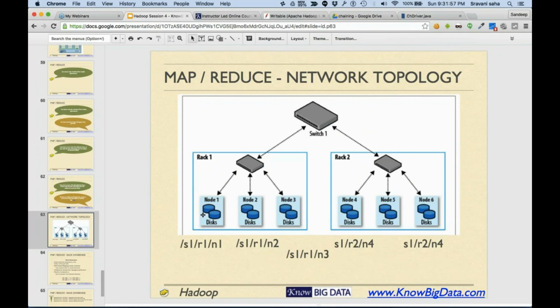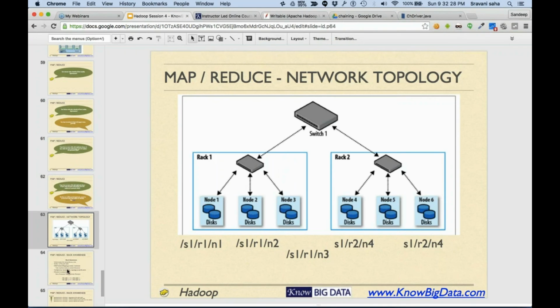Okay, so the way you do it is you keep on climbing up till you meet the lowest common parent. Let's say for n4 and n1 you keep on moving up from both sides, and this common parent is switch 1. So the total distance will be 1 plus 1 plus 1 plus 1, which is, the total distance between n1 and n4 is 4.